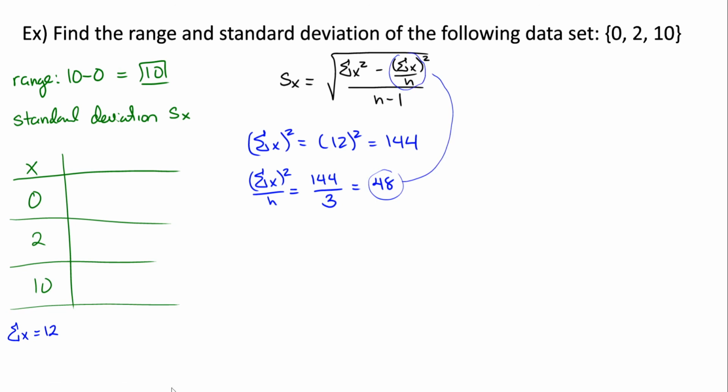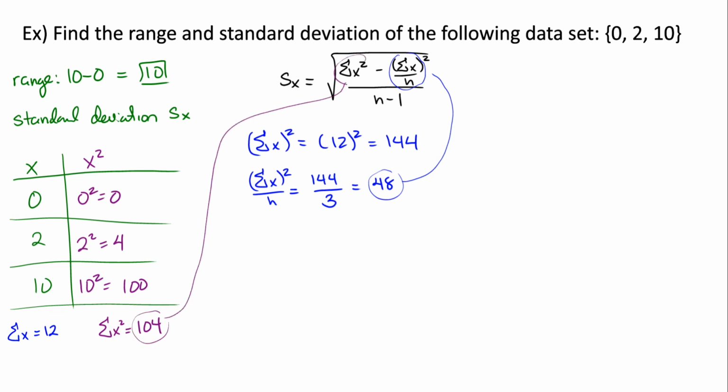Now we'll move on to the next step. Here what we need to do is square each value, then take the sum. And the sum of the squares here is equal to 104. So we could take this 104 and we could plug it into this part of the formula. But we'll move on now.